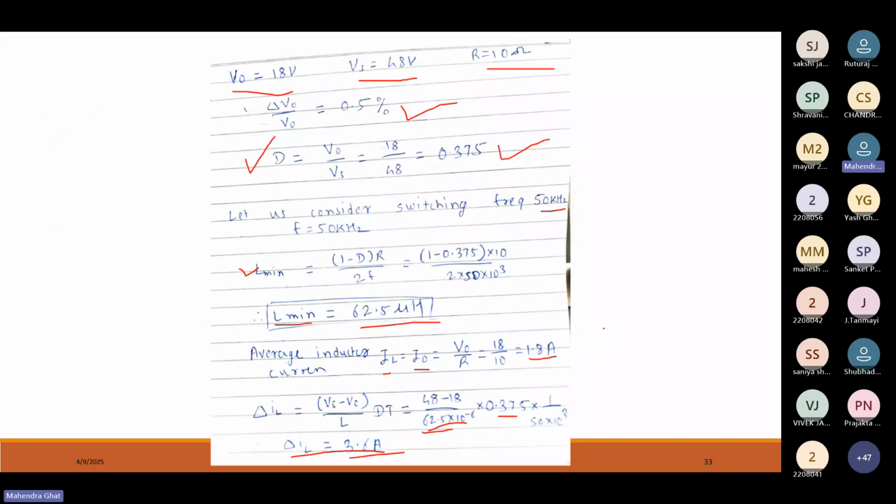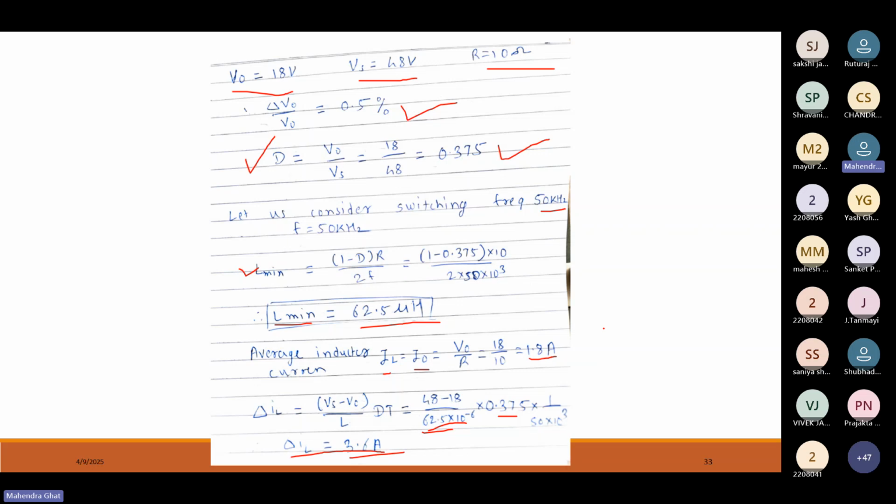Actually, it depends on the design. We will decide whether we will go for a higher switching frequency or a lower switching frequency. And we will also consider whether we are going to use the IGBT or the MOSFET, or what the voltage range is, because each device has different criteria. If I consider the thyristor, it will operate at a very low frequency, like 50 hertz, 100 hertz, up to a maximum of 400 hertz.